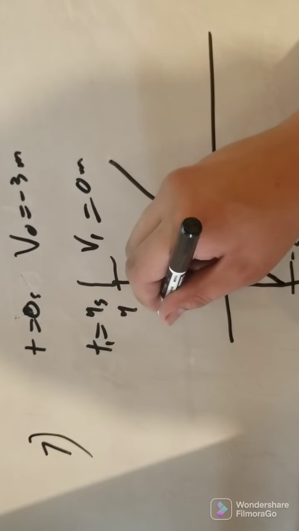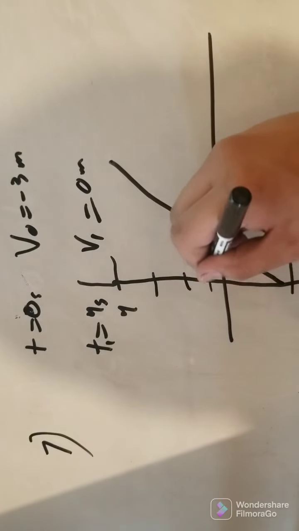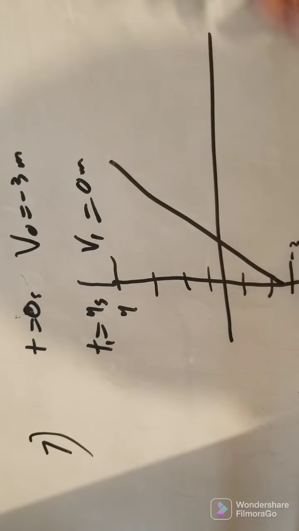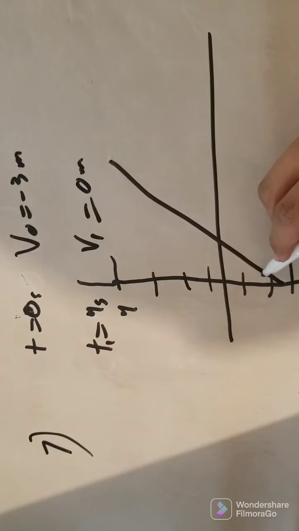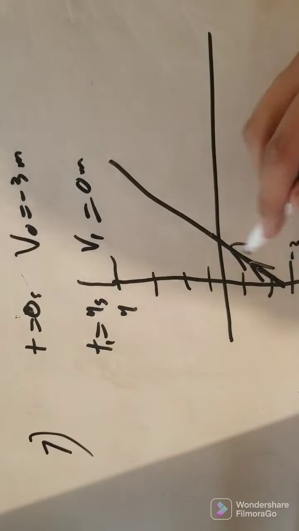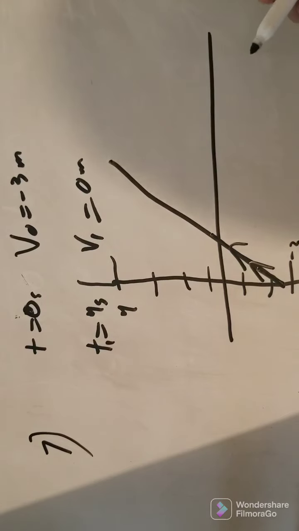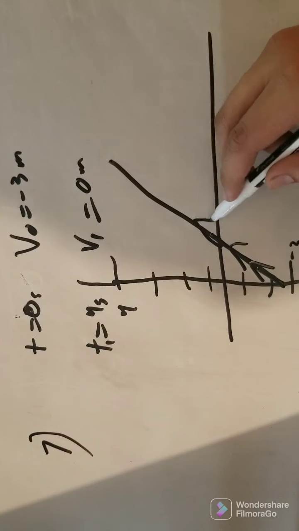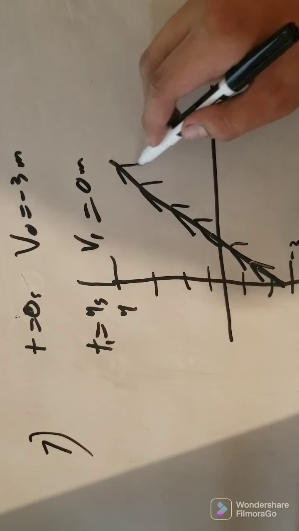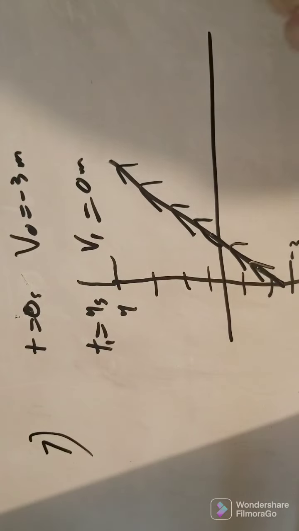And that's going to be 3, 2, 1, 1, 2. So as this part right here is going up to 0, it's decreasing, so it's slowing down as it's in a negative area. But once it hits 0 and goes past 0, it's going to be increasing in speed.